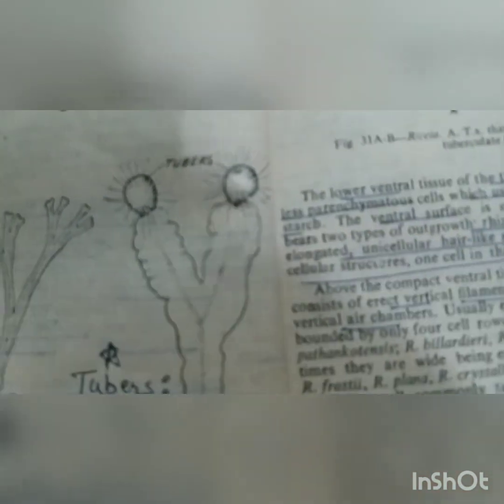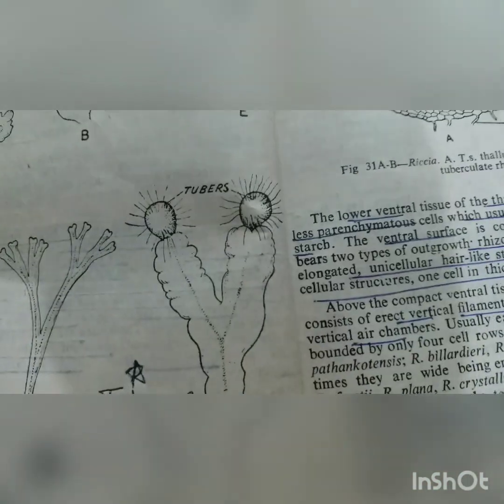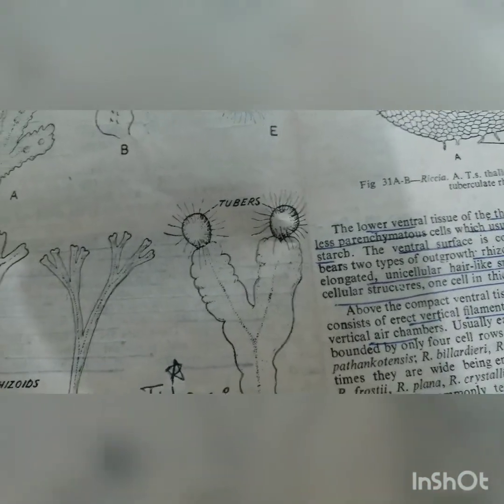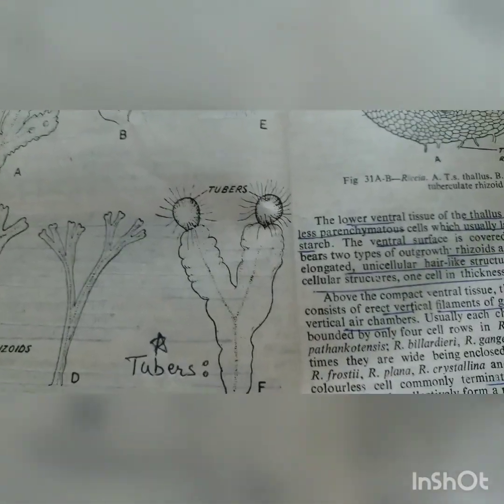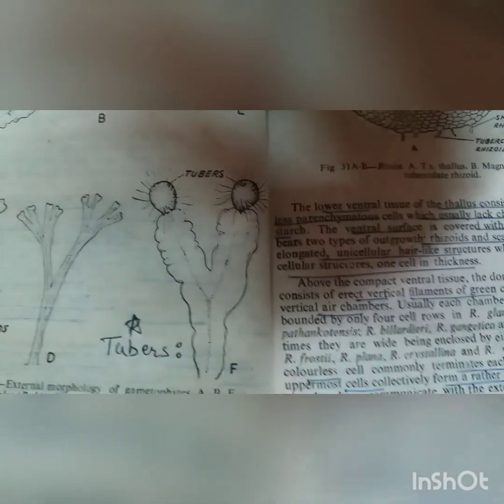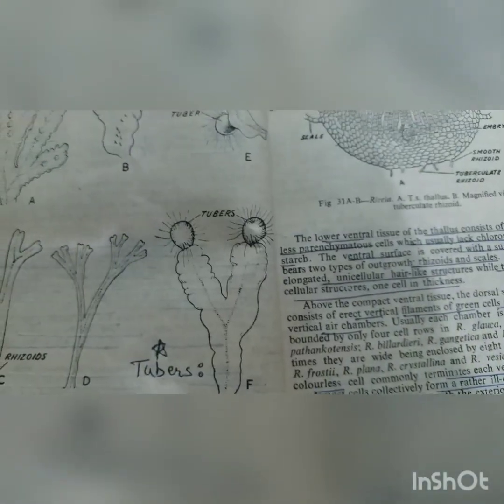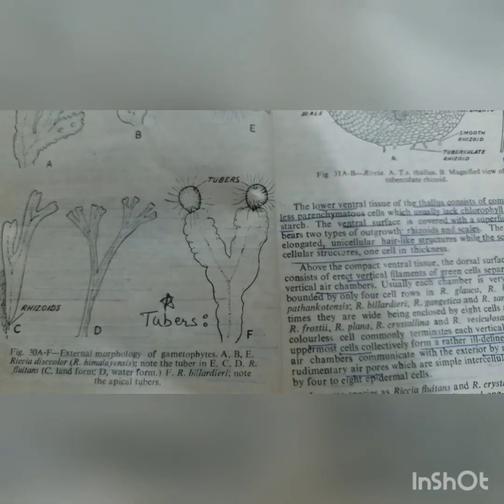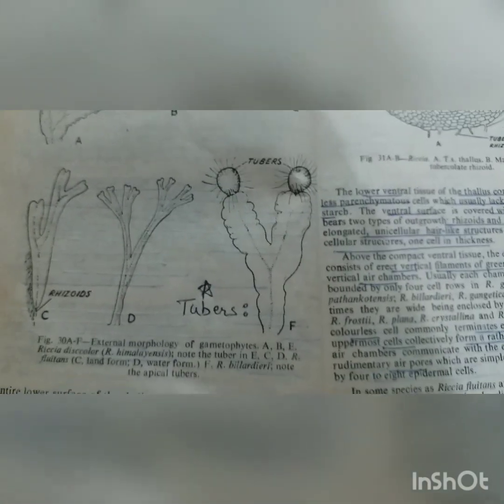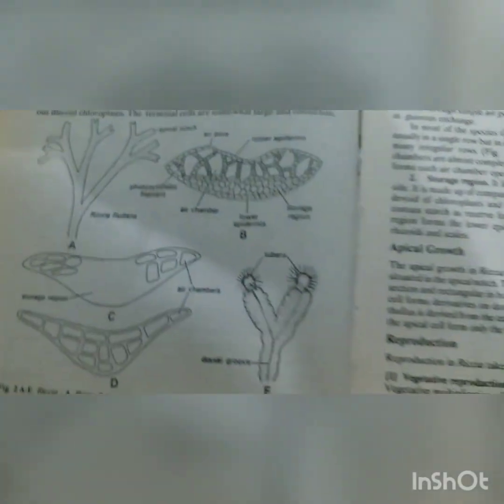So see, at the tip they are forming perennating structures called tubers, and these tubers are formed under unfavorable conditions. When the rainy season comes, these tubers will form a complete plant.